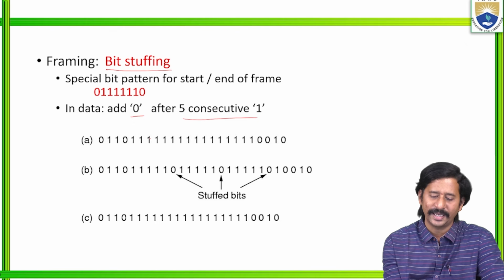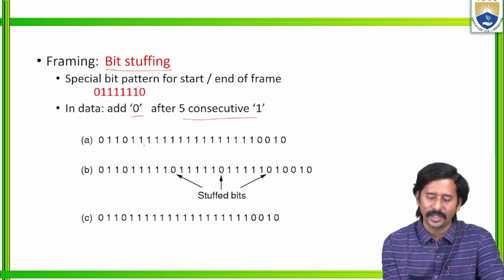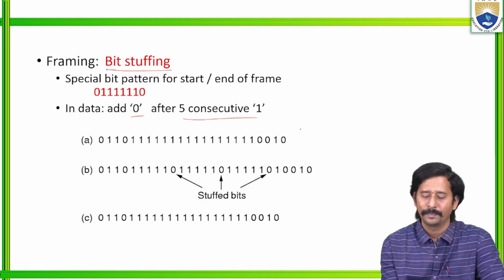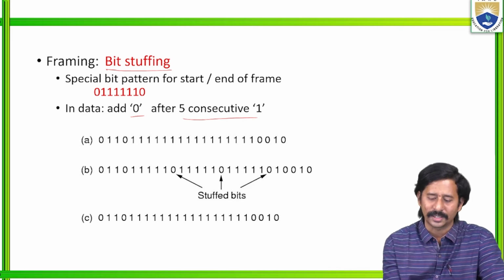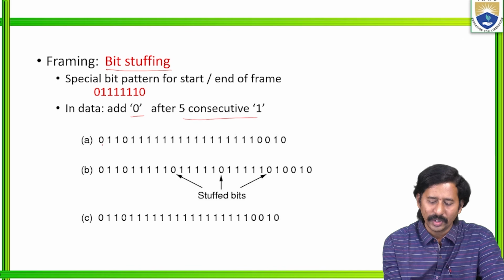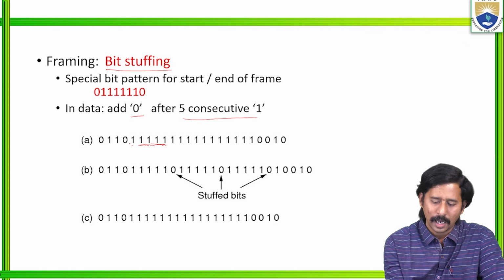So this is your original data: 0, 1, 1, 0, 1, 1, 1, 1 and so on. According to the requirement, add 0 after 5 consecutive ones. Are there 5 consecutive ones? Yes: 1, 2, 3, 4, 5. After this, I need to add 0.